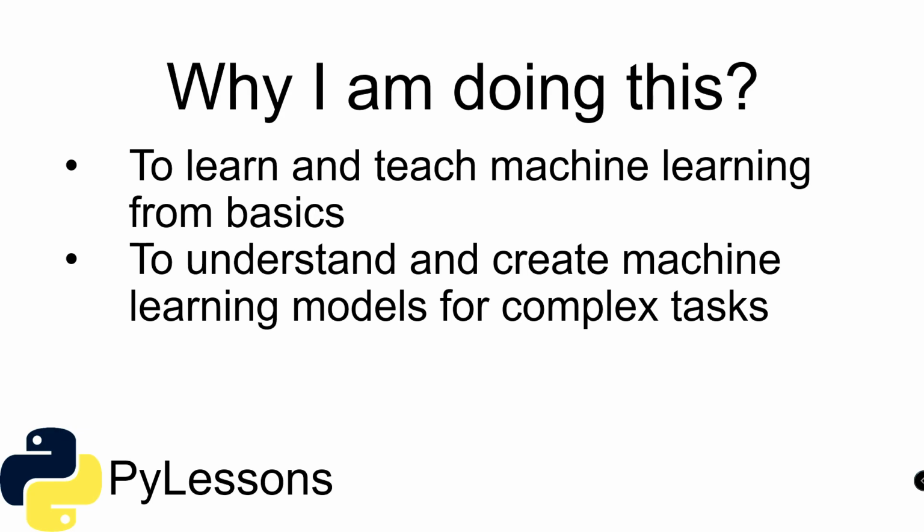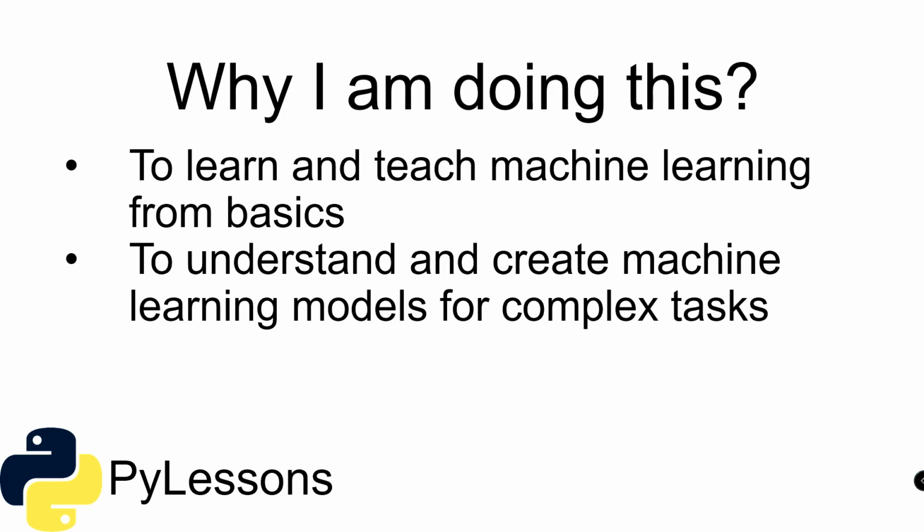If you learn and understand everything from basics, you know how these models work, what you need to change to improve them, and what architecture you should try, if you would like to solve a complex task.